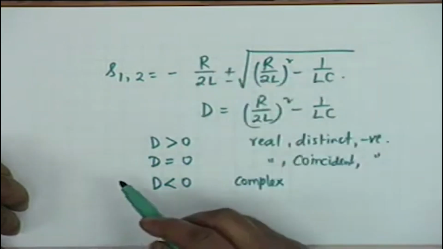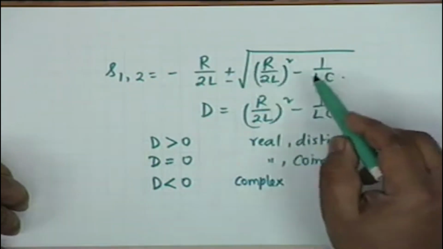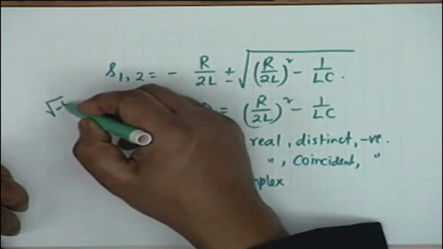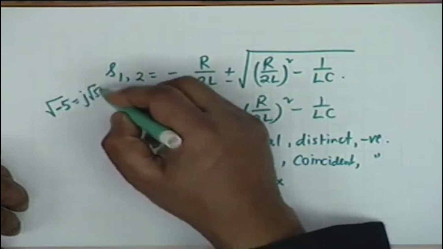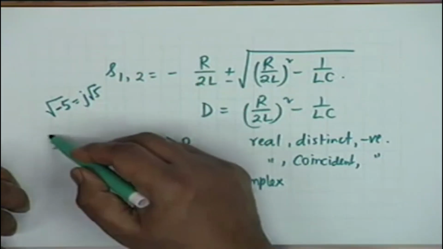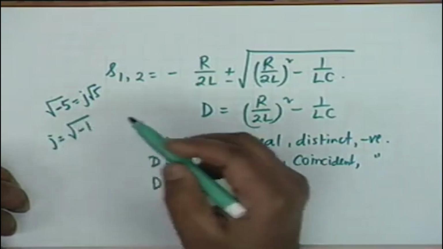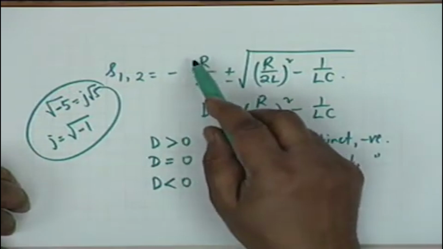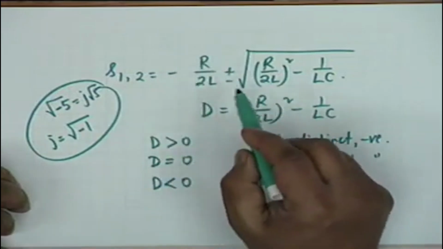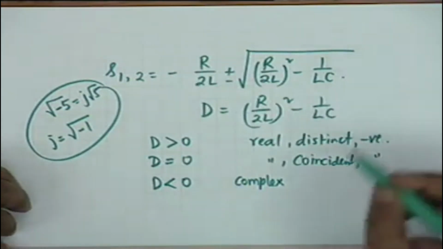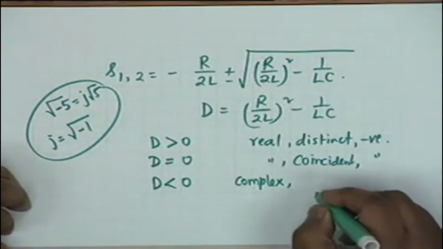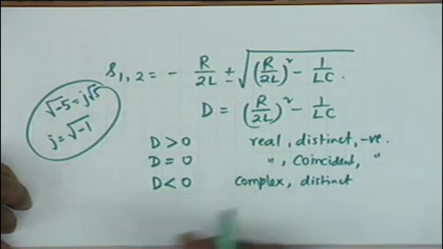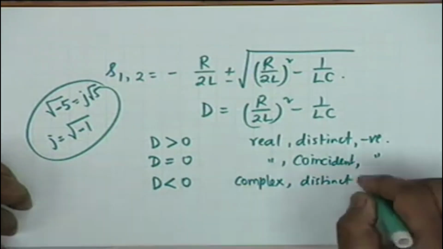Because there is a real part and d is less than 0, so this will be j times, okay, square root of minus 5 is j times square root of 5, where j is equal to square root of minus 1, alright. So you will have minus a real quantity plus or minus j times another real quantity. So it will be complex, distinct, we can't say positive or negative, conjugate here.